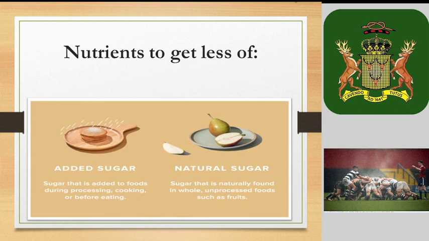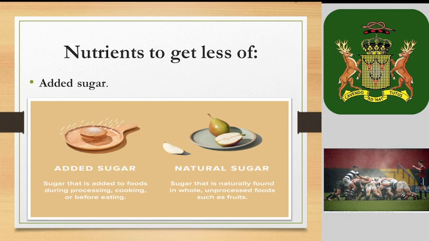For example, added sugar. Added sugar is added to food during the process, cooking, or in this case before eating. And remember one of the first slides: we are what we eat, and we have the decision of selection, preparation, and consumption of the food.